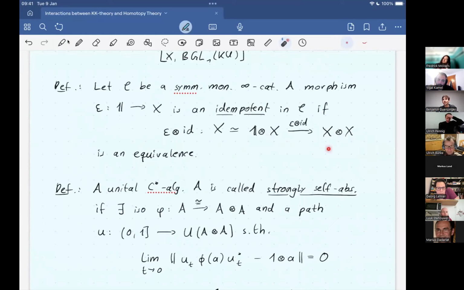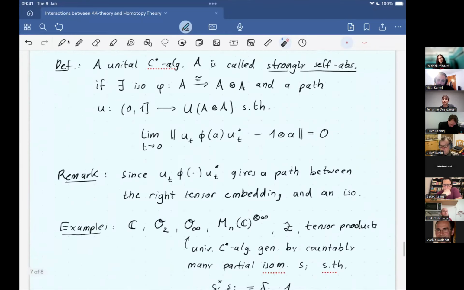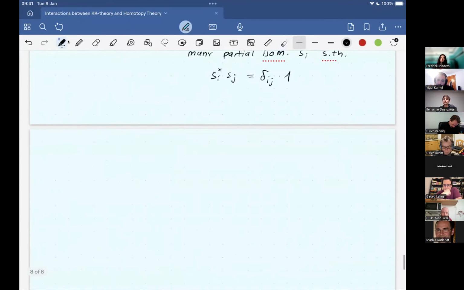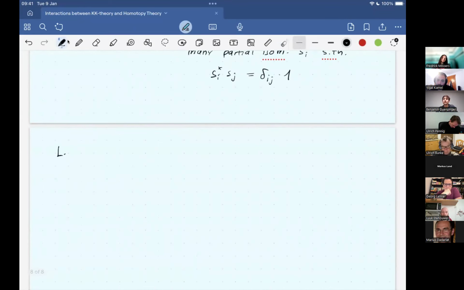You can think of the inverse as giving you some kind of multiplication here. And of course, if I have this in C star alg H, then it will carry through to everything that is symmetric monoidal. So for example, on K theory, I get the following statement.